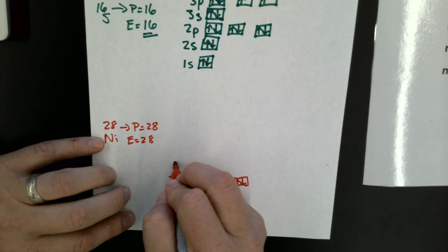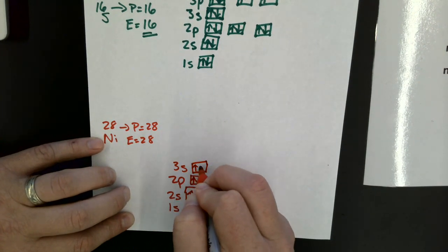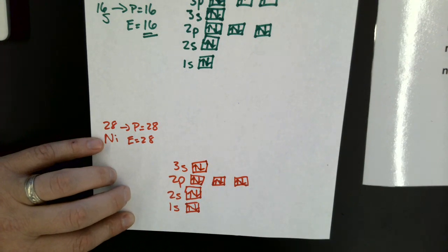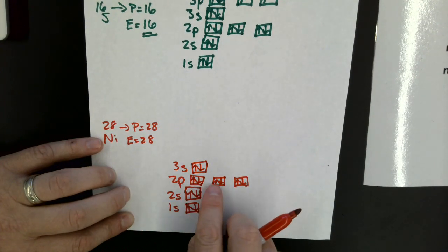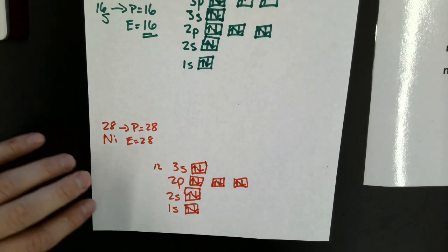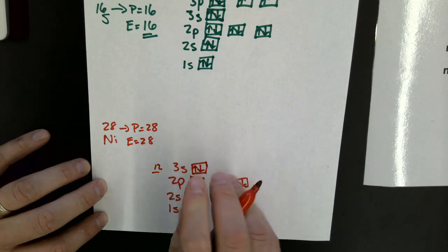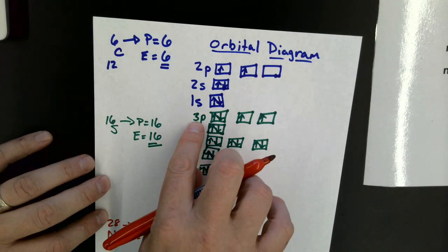From 2p, we go to 3s. S's only have 1 orbital or box. That gives us an up and down. 1, 2, 3, 4, 5, 6, 7, 8, 9, 10, 11, 12. We've got 12 electrons. I'm going to leave a little side note there so that I don't mess up my counting. From 3s, we go to 3p.